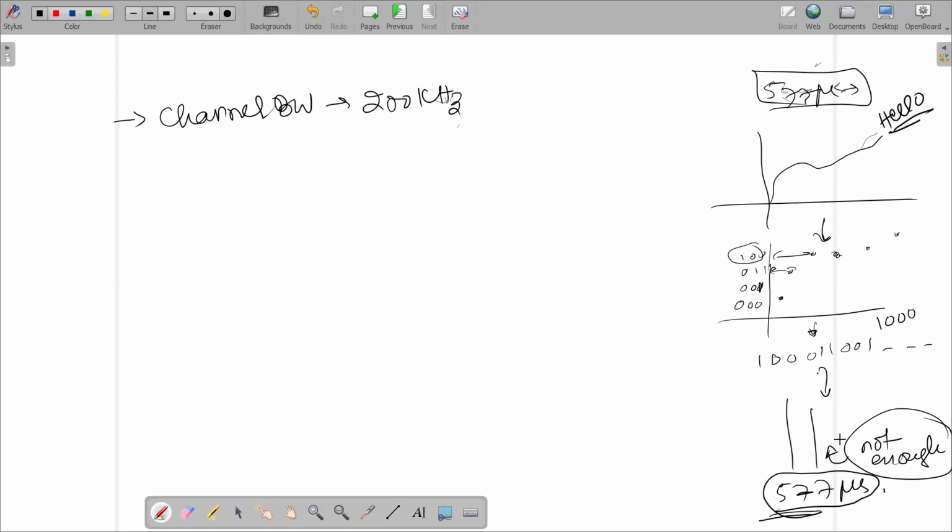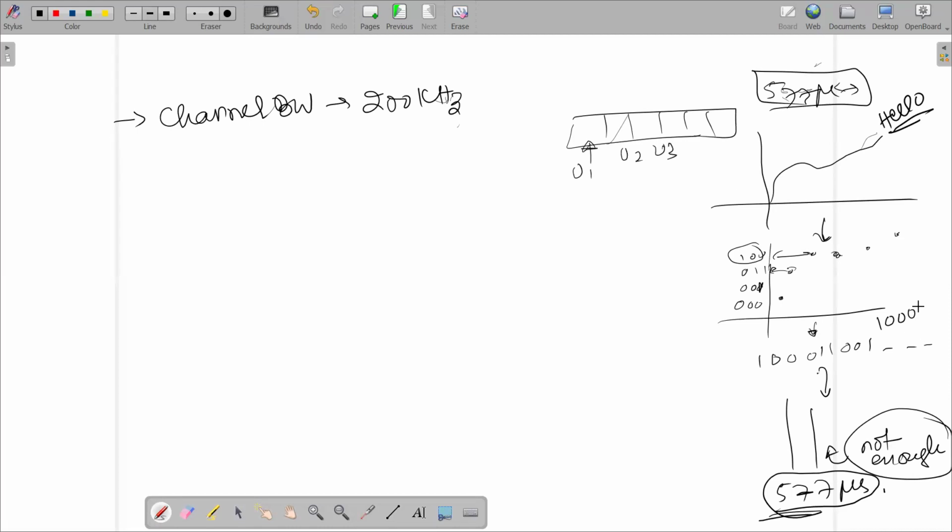So one user requires more than one slot to transmit. Got my point? If I say 8 slots are there, and each user will get one slot: user one, user two, user three.